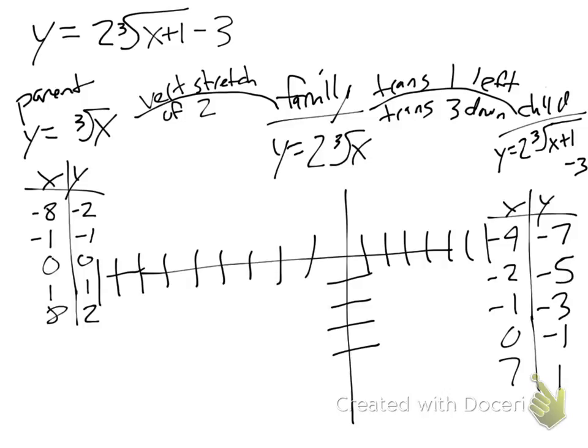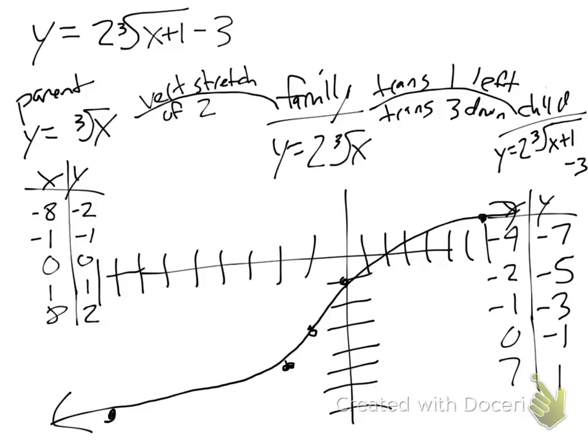And so -9, -7 is way down here. -2, -5 is here. -1, -3. 0, -1. And 7, 1. That is the graph that you need to have.